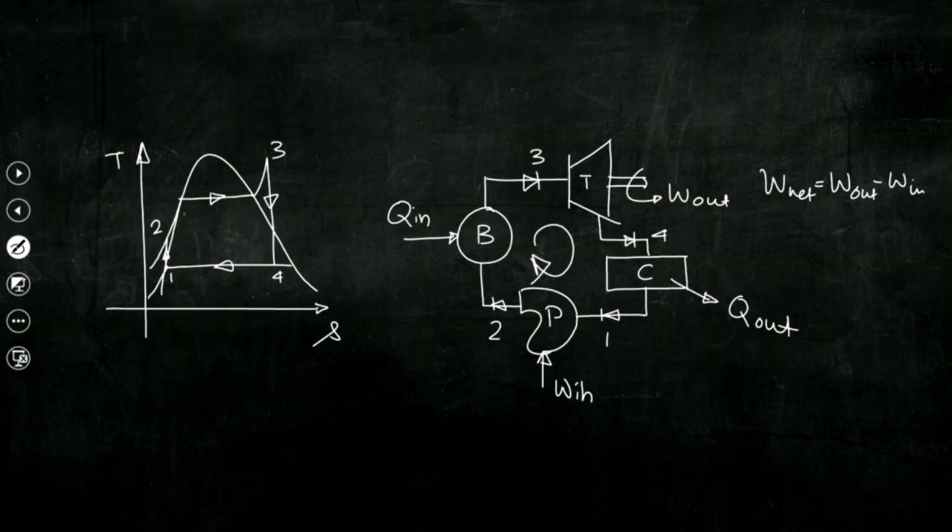Even if we try to get net work output, the second law of thermodynamics puts a restriction that there must be a place where heat should be rejected if you would like to operate the unit in a cyclic manner. So, condenser will be there if we need to run this system in a cyclic manner. This particular component acts like a heat sink, and steam rejects heat in this component. So, this is one of the important objectives.